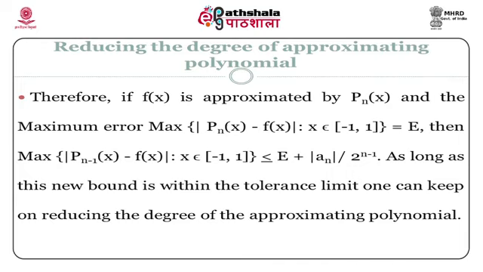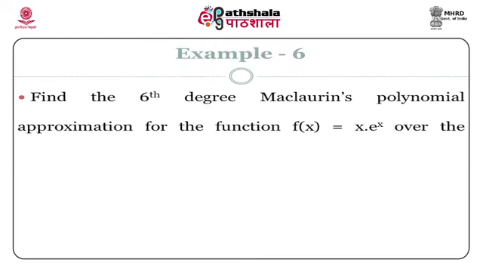So, if f(x) is approximated by Pn(x) and the maximum error is equal to E, then the maximum error between Pn minus 1(x) and f(x) is less than or equal to E plus mod an divided by 2 raised to n minus 1, over the interval minus 1 to 1. We will illustrate this in example 6.